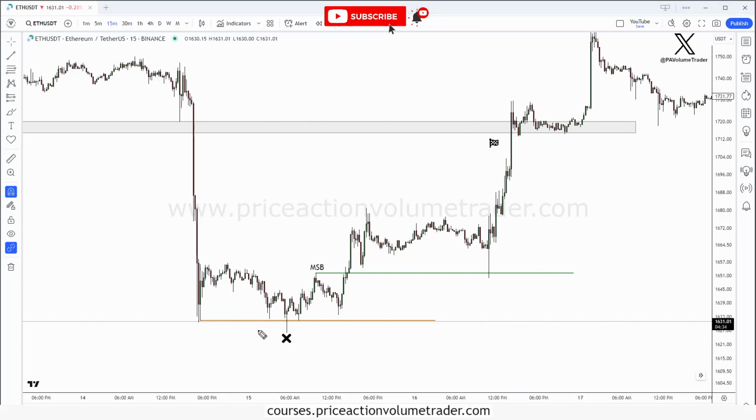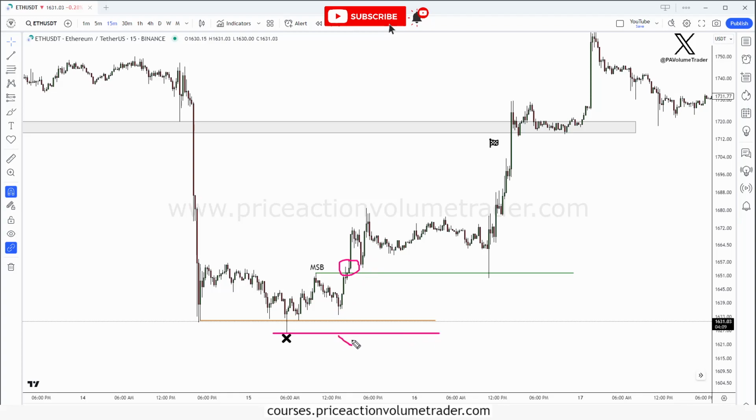So in this case, we had a sweep of this important swing low right here. Then we can see we had a micro trend line here, which was broken to the upside. So once we have this candle close through here, this marks our structure break to the upside.